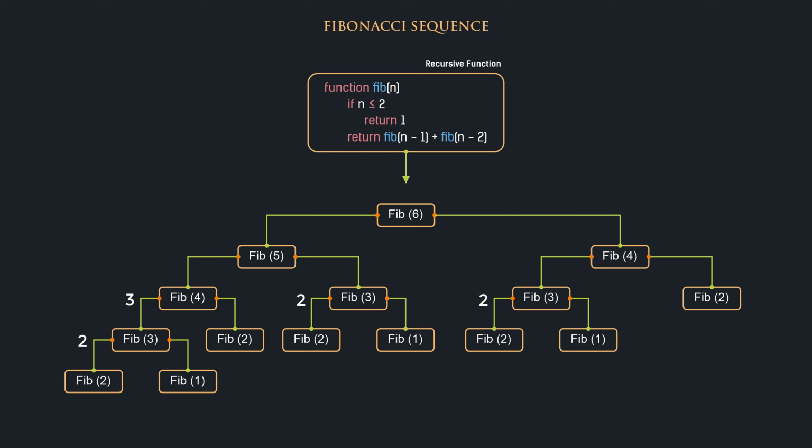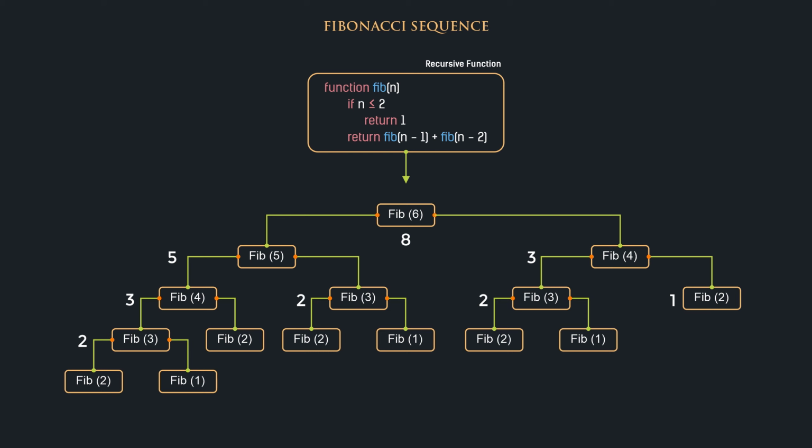Lastly, fib2 here will have the result value 1, then we move up again, returning the results and adding them together. Here on fib5, the result will be 5, and for fib4 here, the result will be 3. Then we finally return both of those results to the first stack, and the result we get from that will be 8. So it will mean that our 6th Fibonacci number is 8.